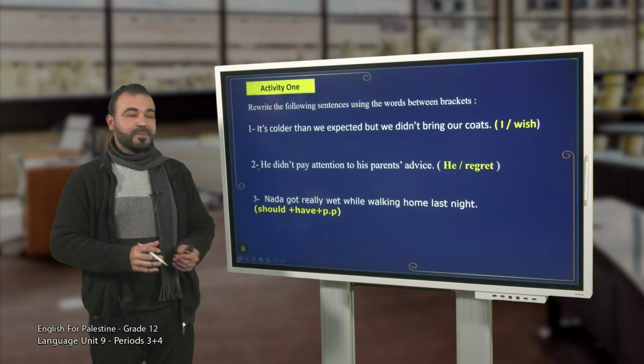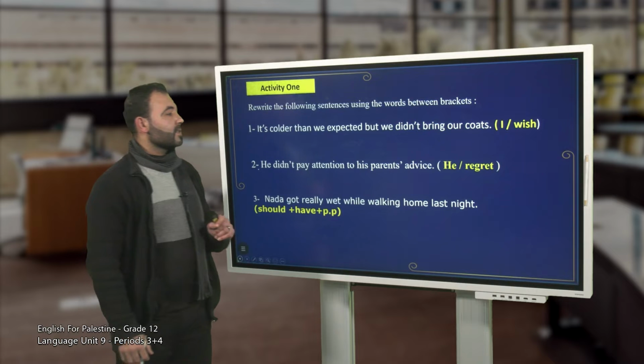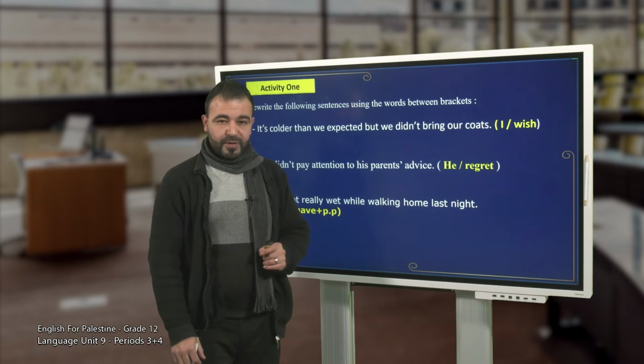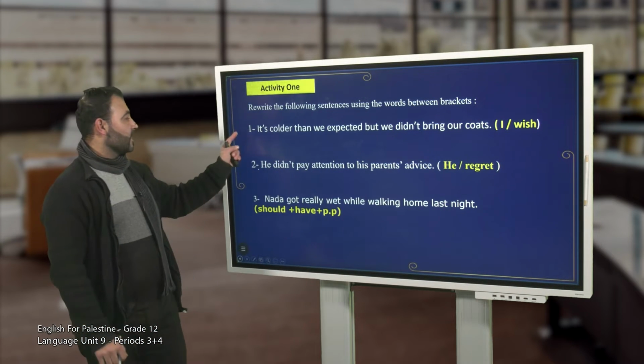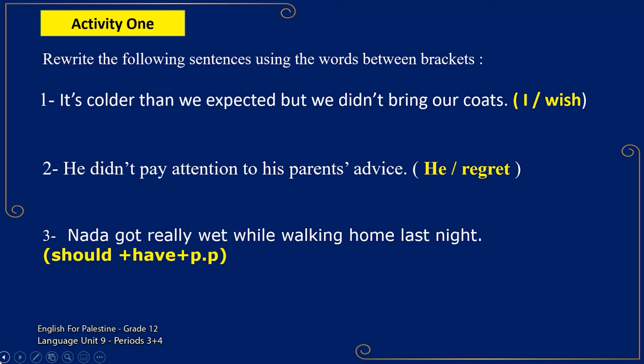Activity number 1 now. Rewrite the following sentences using the words between brackets. Please take 3 minutes, read these 3 sentences, and try to rewrite them correctly. Thanks, dear students.